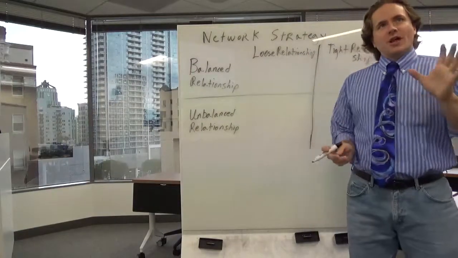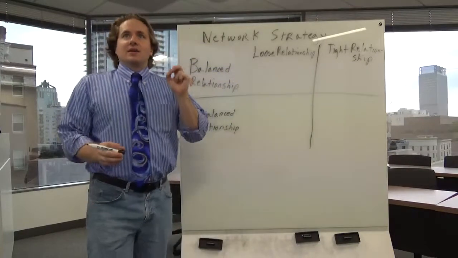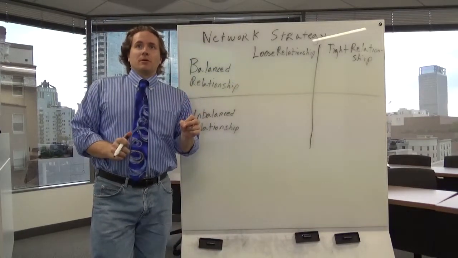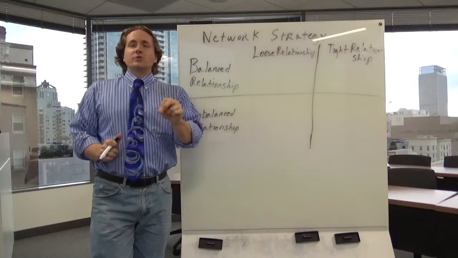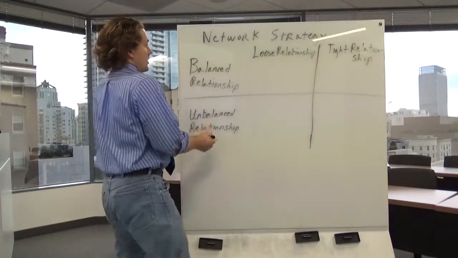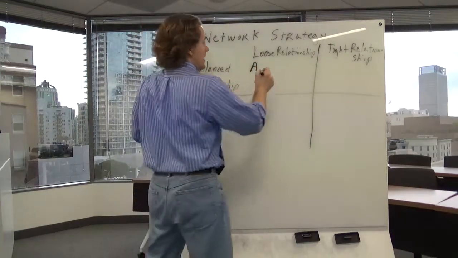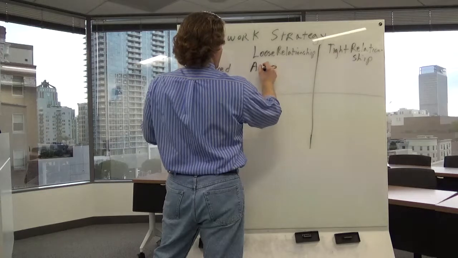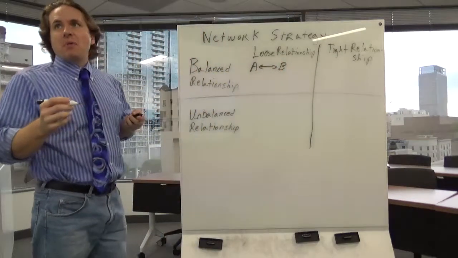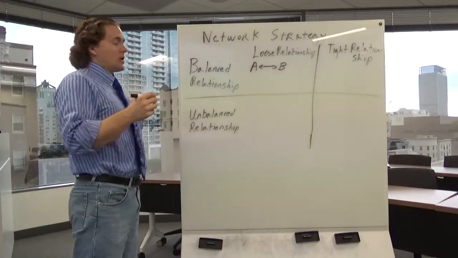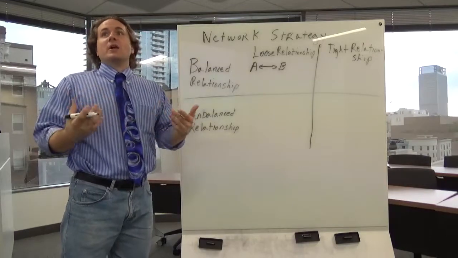All right, so let me draw a situation where you have a balanced relationship coupled with a loose relationship. So you would have firm A and firm B that are relatively equal, but maybe they don't work particularly closely together, but it would be some sort of agreement between equals.